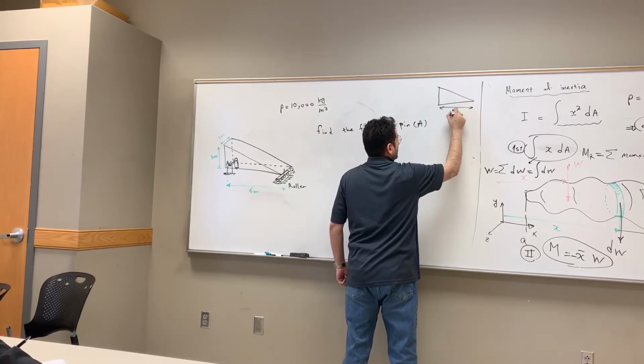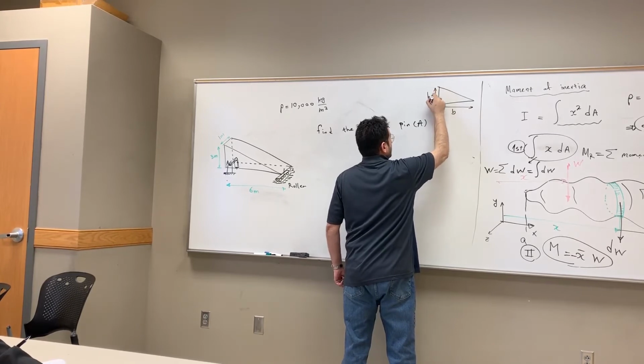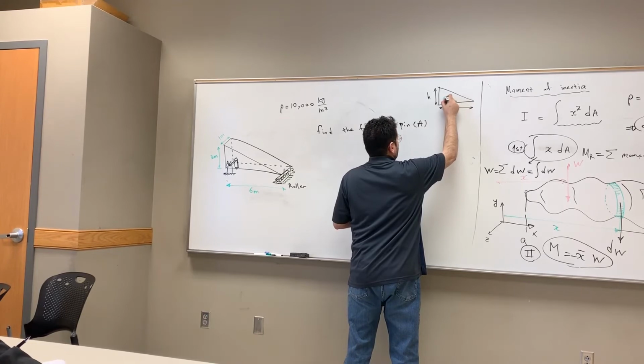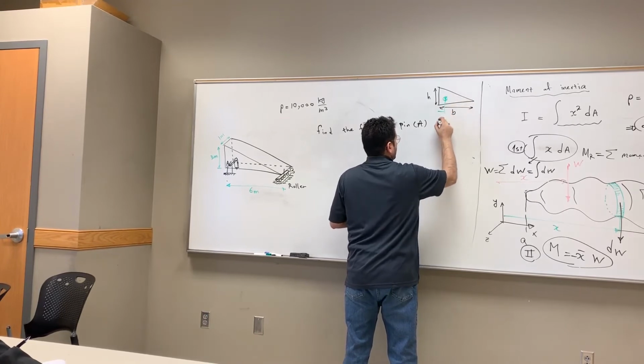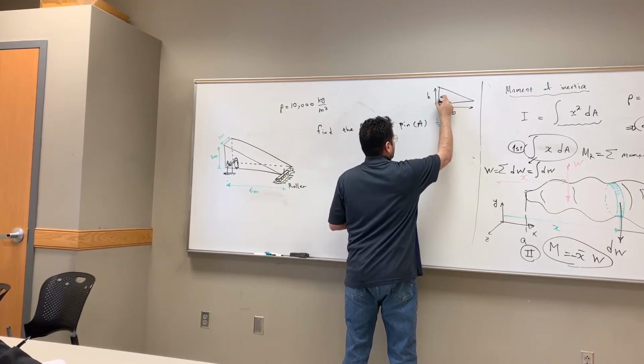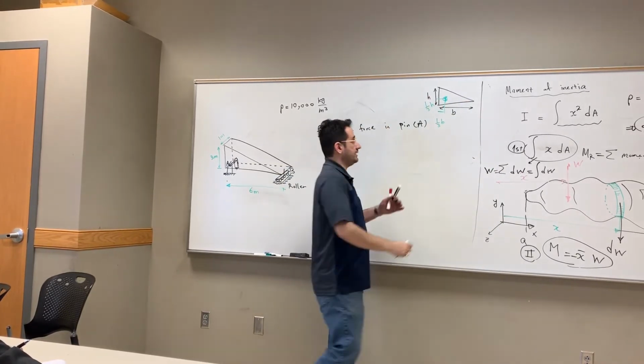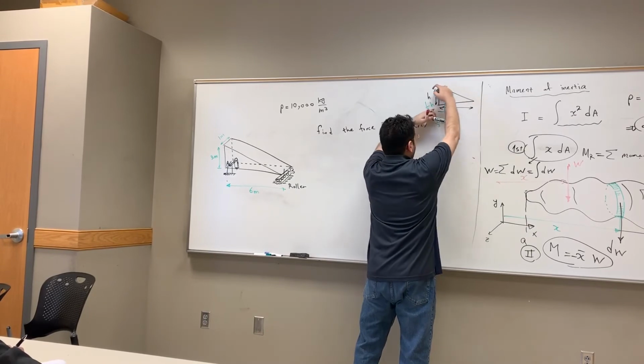If this is B and H, the centroid is going to be 1/3 of B and 1/3 of H. So it's 1/3 of the base and height.